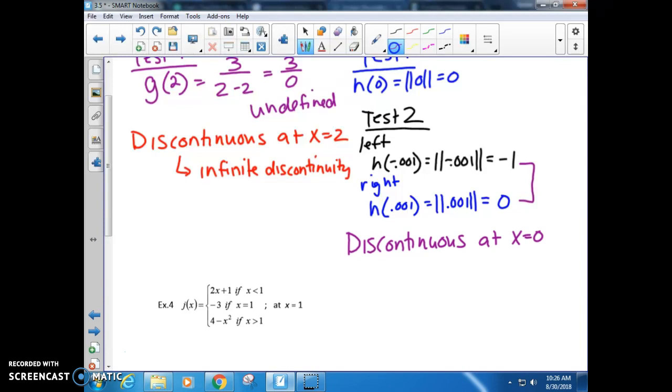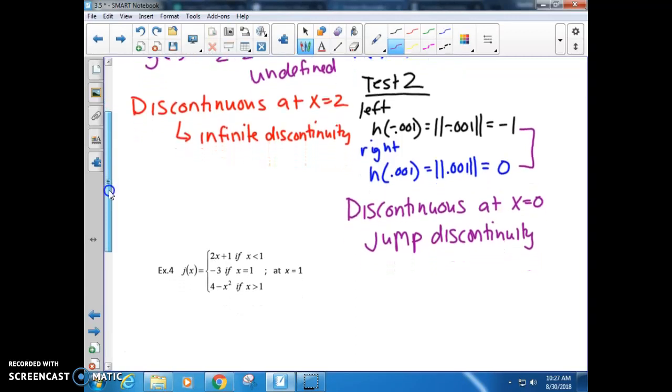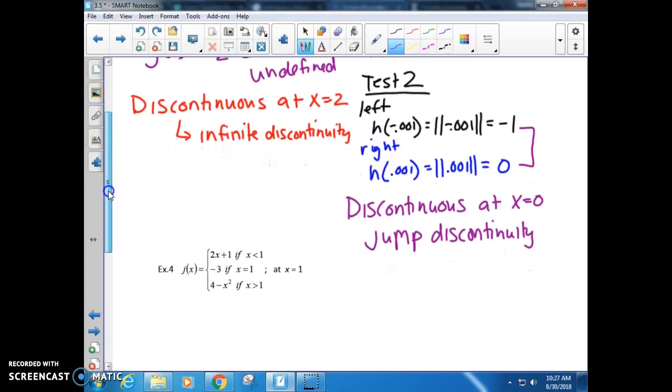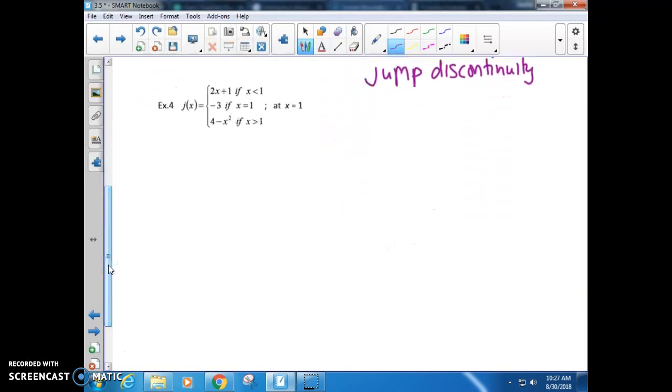And this type is jump discontinuity, because it stops at one side and begins at a different value. Okay. So we didn't have to do test 3 because test 2 failed us, so no reason to keep going.